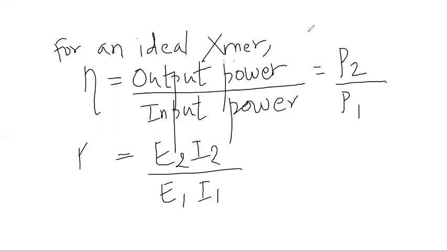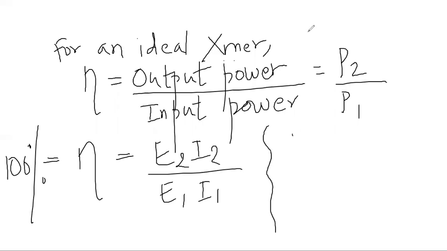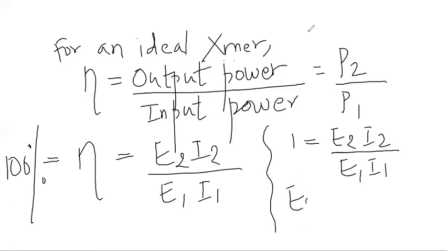And when we say that it is an ideal transformer, what we mean is that it is 100% efficient. So if eta is 100%, that means 100 divided by 100 becomes 1. That brings us to E2I2 upon E1I1, and that means E2I2 becomes equal to E1I1.